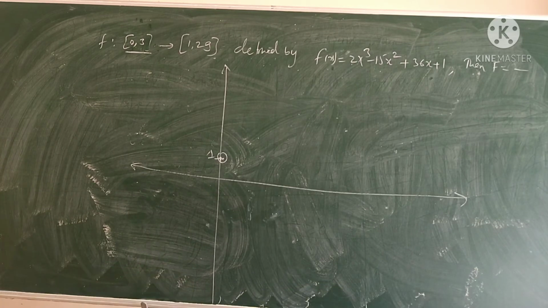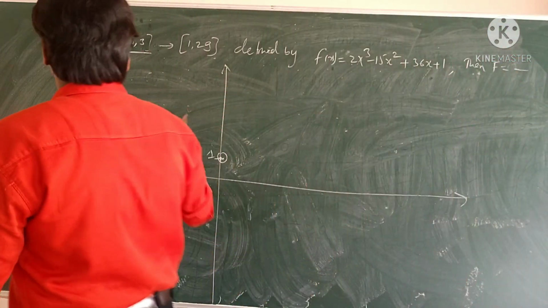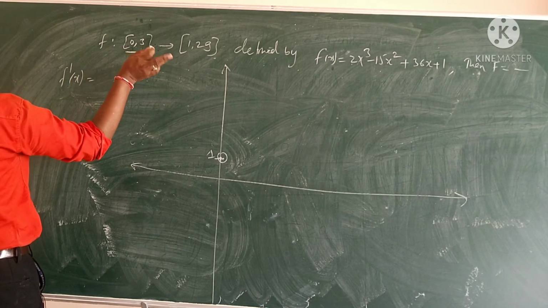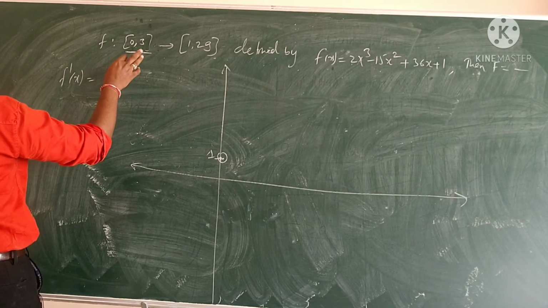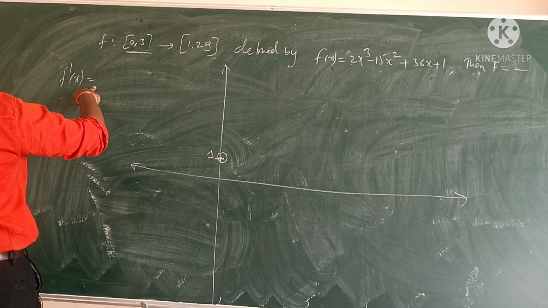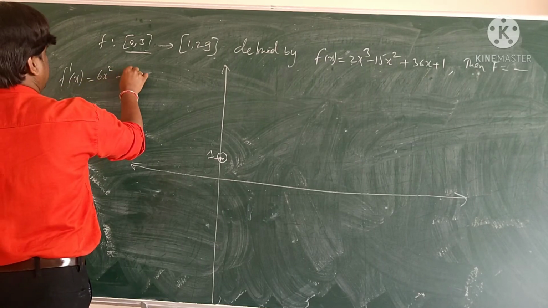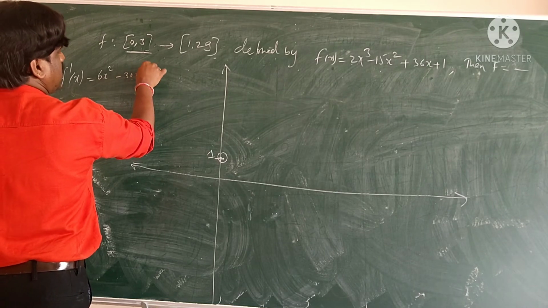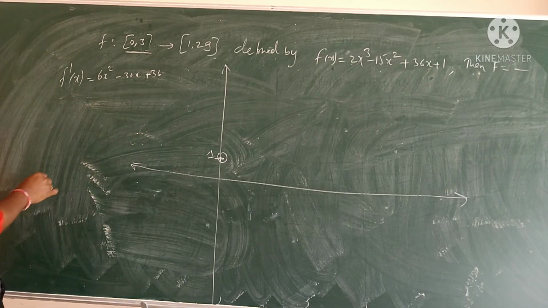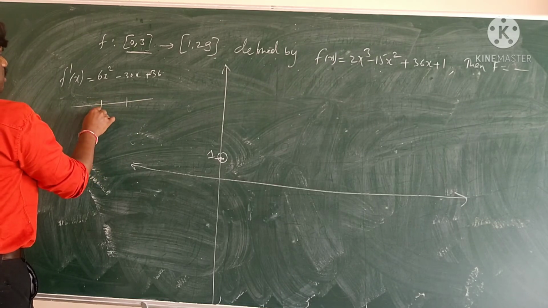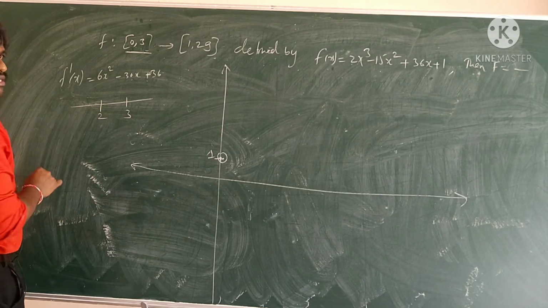When I did f dash of x, what equation did I get? Tell me fast. F dash of x, how much did I get? 6x square minus 30x plus 36. This is what I got, and I got the factors. What are the factors? 2 and 3.